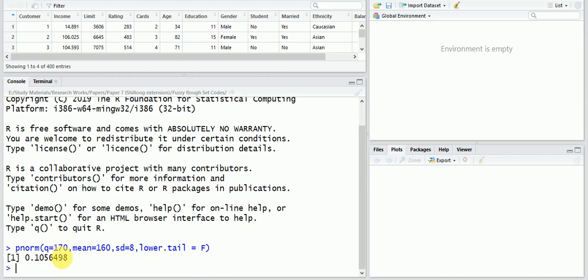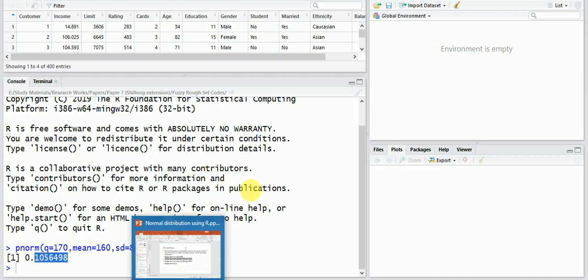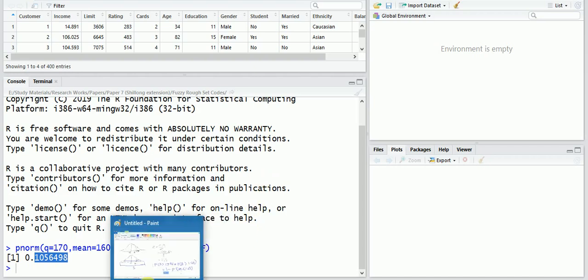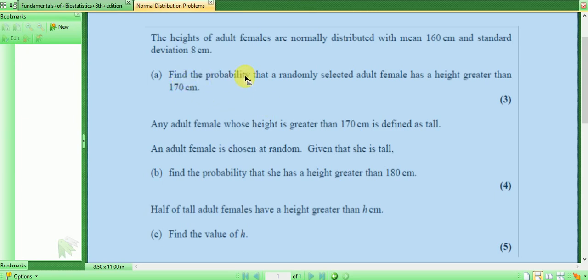Here I will get the value 0.1056498. That's my answer. So this is how you solve this kind of question.